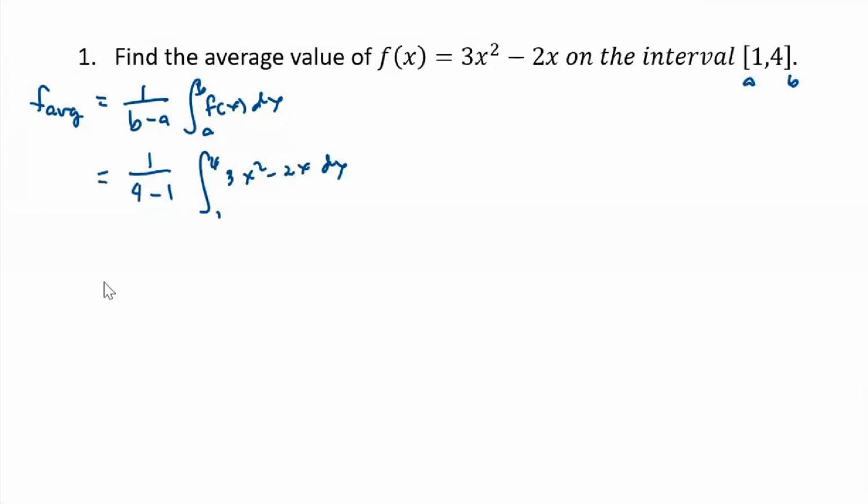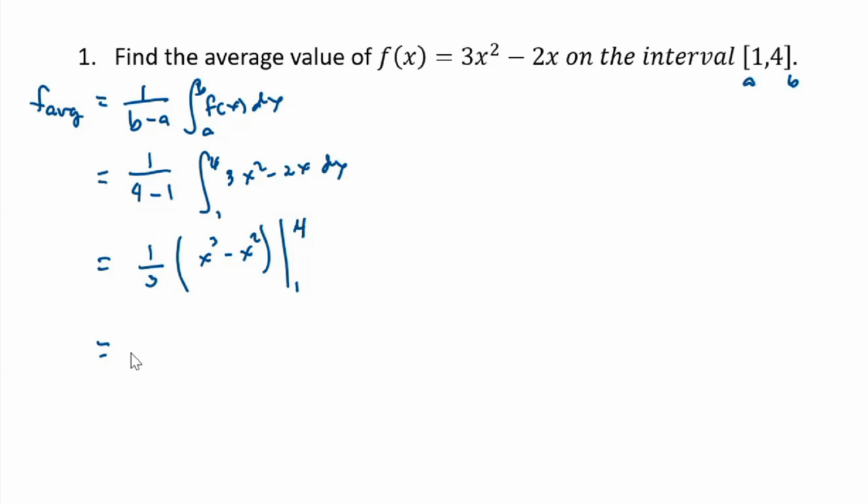Simplifying this, this is now 1/3 times the integration of this, which is x cubed minus x squared, evaluated from 1 to 4. And then we have to evaluate it now.